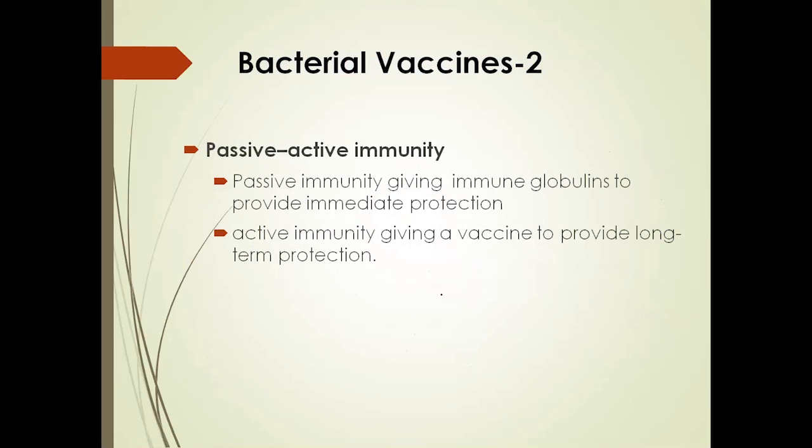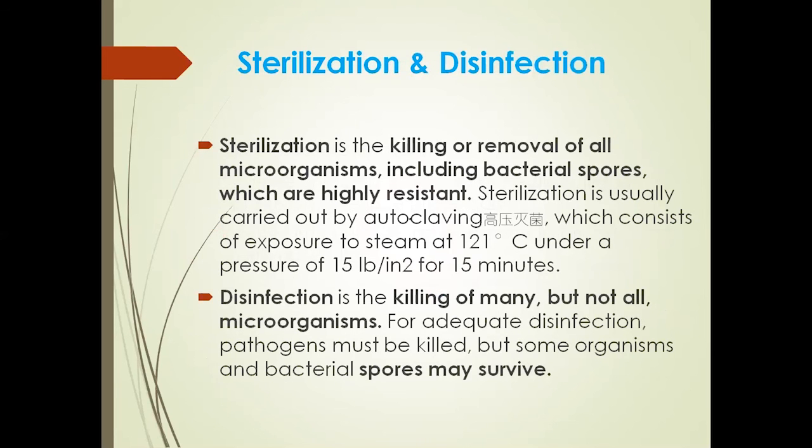And sterilization and disinfection. That's the way we kill or remove microorganisms, maybe including the bacteria, maybe including the spores. Basically, if we're talking about sterilization, we will kill all the bacteria and the spores.